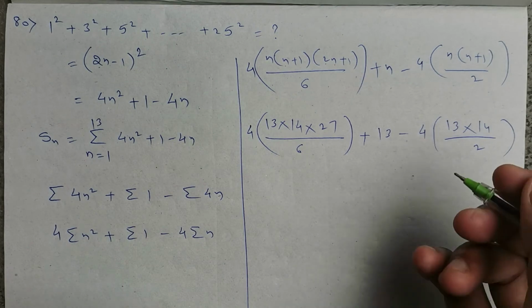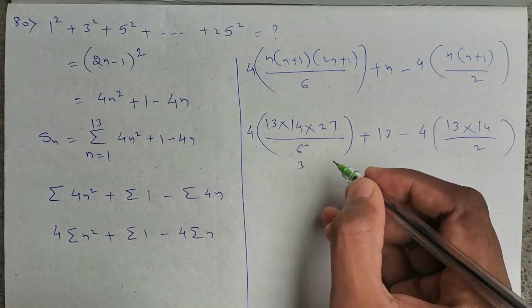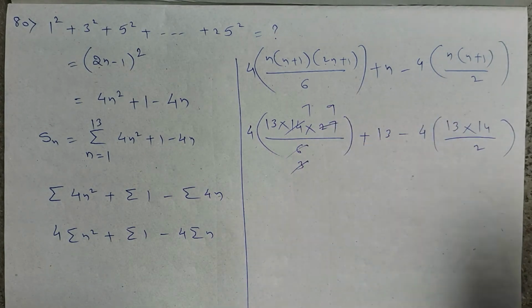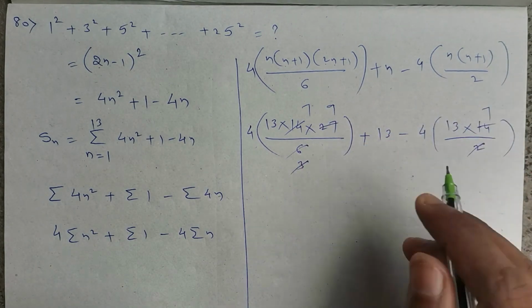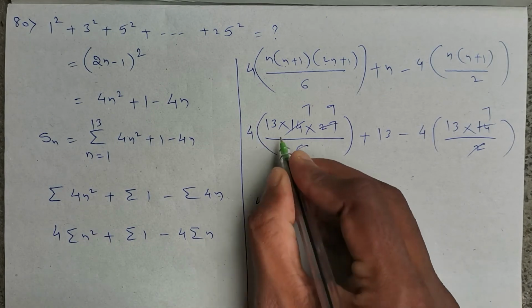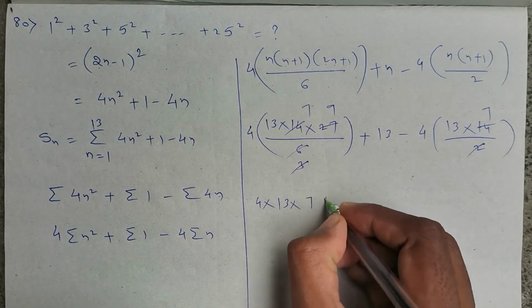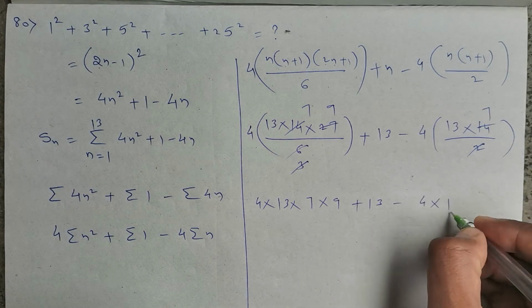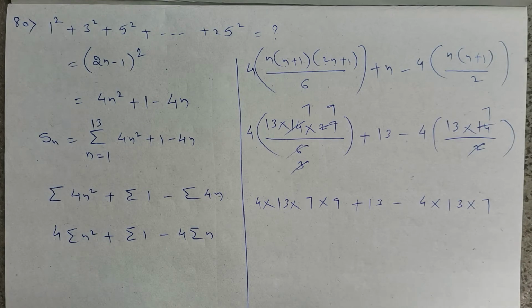If we do cancellation, 2 3s are 6, 2 7s are 14, 3 1s are 3, 9s are 2, 1s are 2, 7s are. So simplification positive. Next, 4 into 13 into 7 into 9 plus 13 minus 4 into 13 into 7.